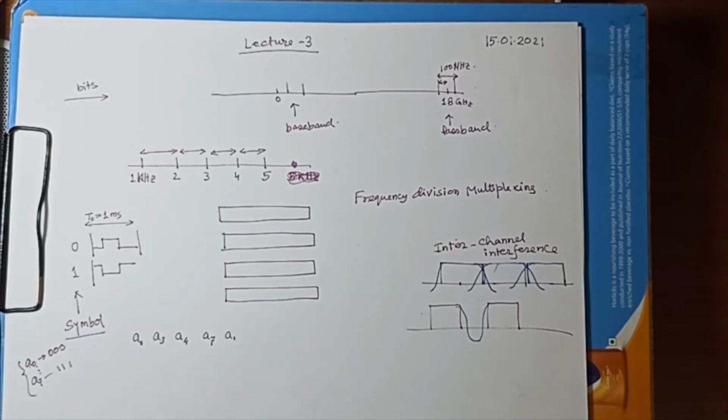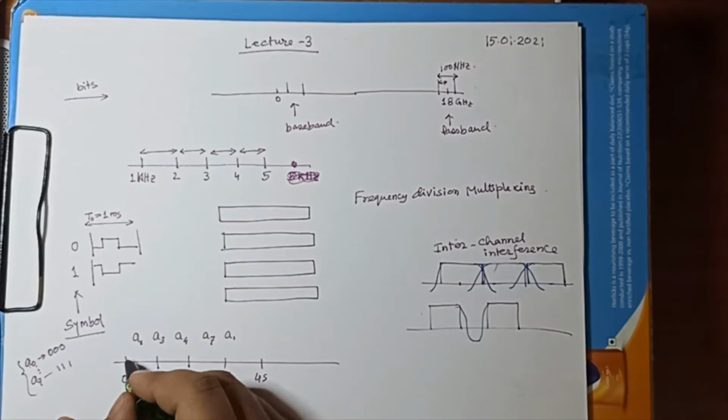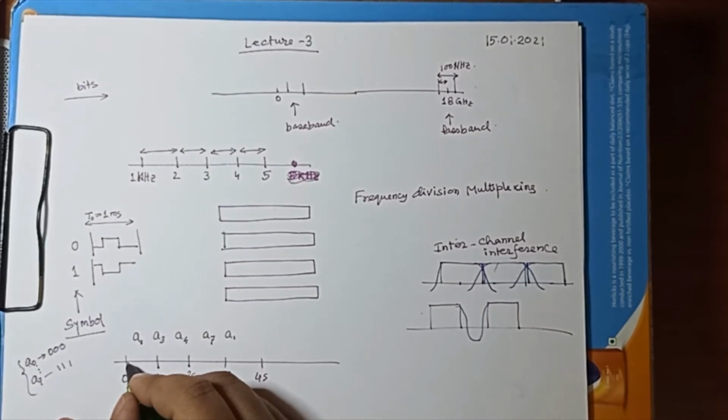Suppose this kind of signal is coming, and for every symbol you are given a particular time window. Suppose this is your 0 second, this is 1 second, this is 2 second, 3 second, 4 second, and for every symbol you have to fit one waveform here. The waveforms should be uniquely detectable. Suppose for A0 I put a sinusoid like this.